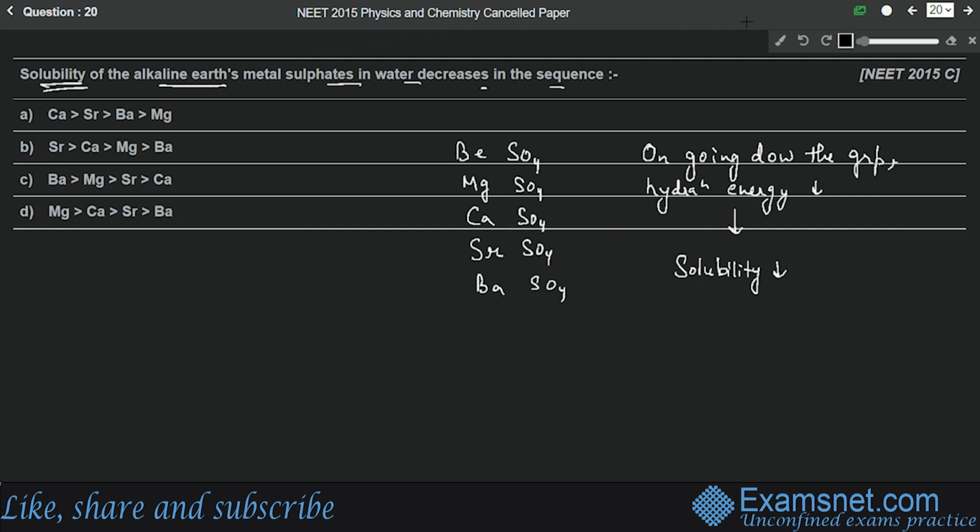So it will be maximum for beryllium sulfate, then magnesium sulfate, then calcium sulfate, then strontium sulfate, and then barium sulfate will have the least solubility. Here beryllium is not mentioned in the options, only magnesium, calcium, strontium and barium are mentioned. So the correct sequence will be the last one. Option D will be the correct answer.